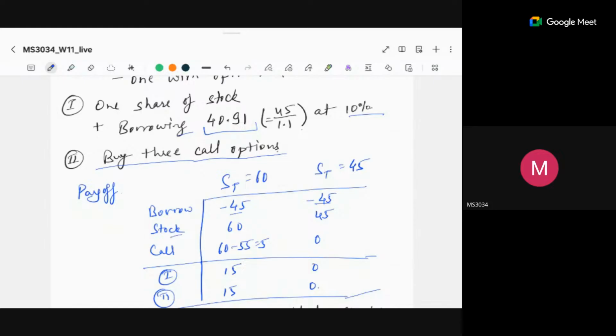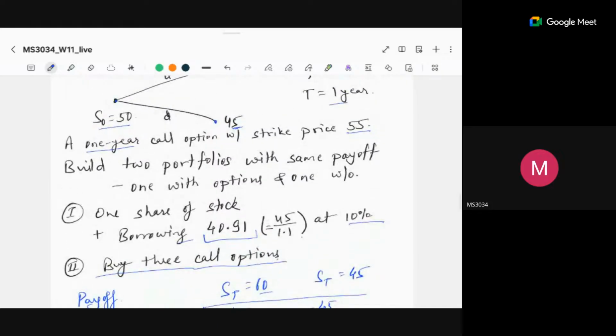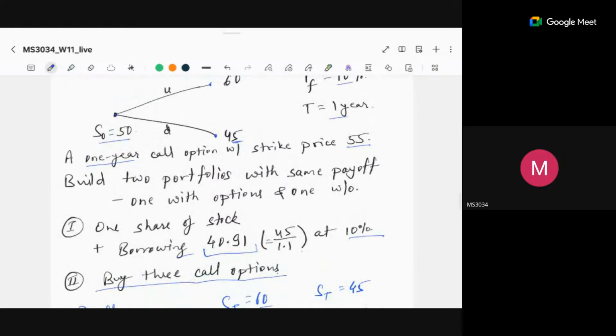Second, from the stock, whatever the stock price is, if it is 60, then the value of your stock is 60. If it is 45, then it is 45. And the call option which you had has a strike price of 55 rupees.